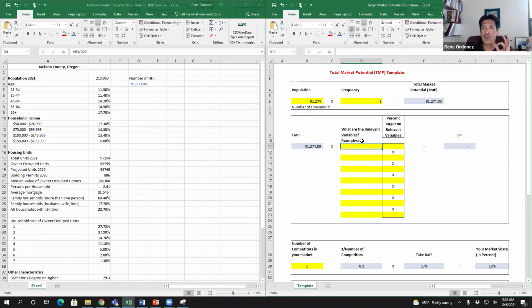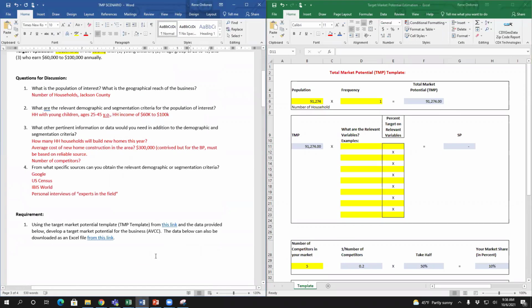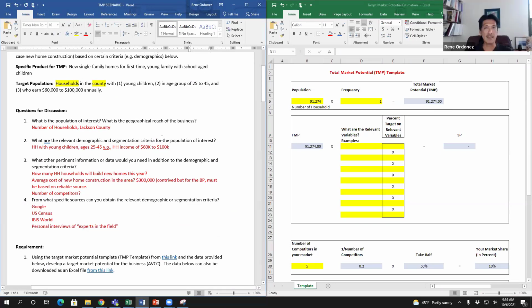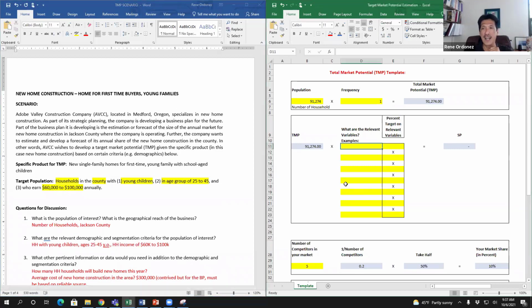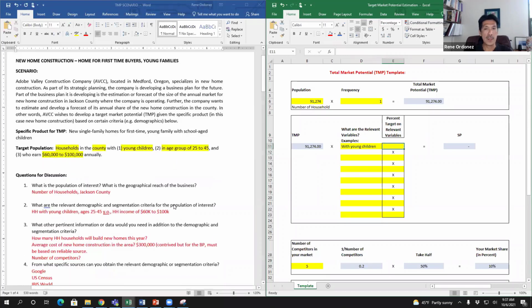Now, what are the relevant variables? How did we define the relevant variables in the Word document? The age and the income. Age, income, and households with young children, right? Don't forget that initially that was the definition of the target market by AVCC. So start with households with young children, and this has to be expressed in percent.